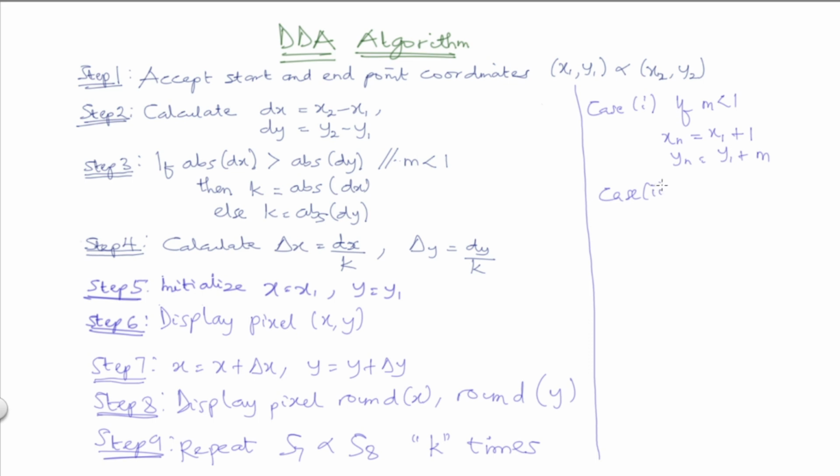And for case 2, we had a situation where m is greater than 1. So we'll have our xn being equal to x1 plus 1 over m, and yn also being equal to y1 plus 1. And finally, the third case where we have the gradient being equal to 1. In that case, we have xn being equal to x plus 1, and also its y coordinate being equal to y plus 1.